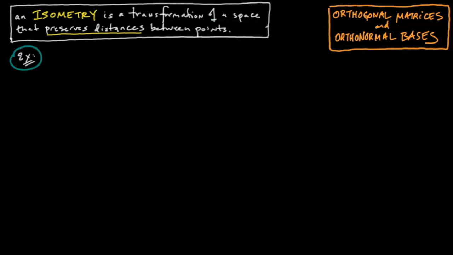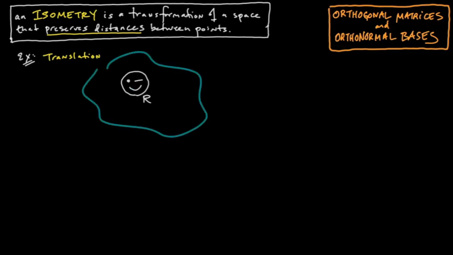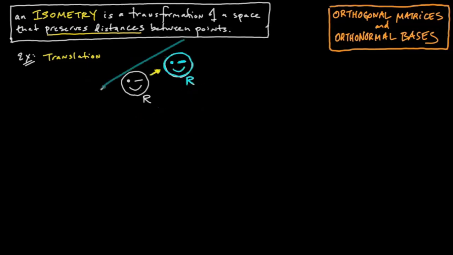Let's consider an example or three. A translation is an example of an isometry, because all we do in a translation is to take each and every point in the space we are transforming and displace those points by moving them a fixed distance and direction. Such a simple transformation clearly preserves distances between points.